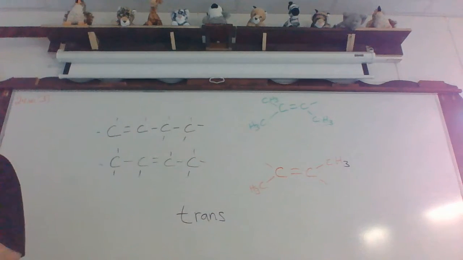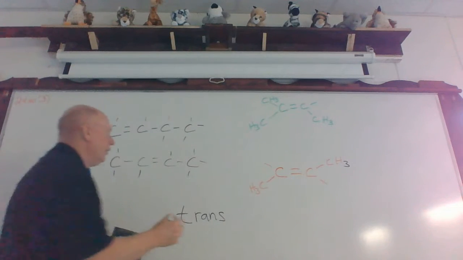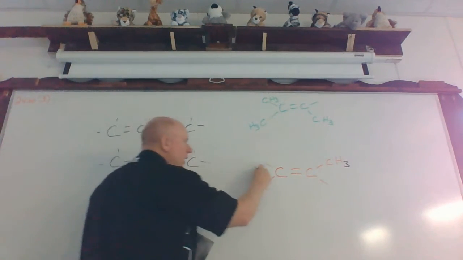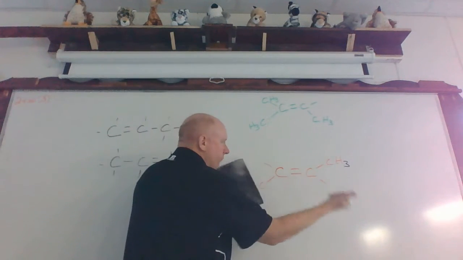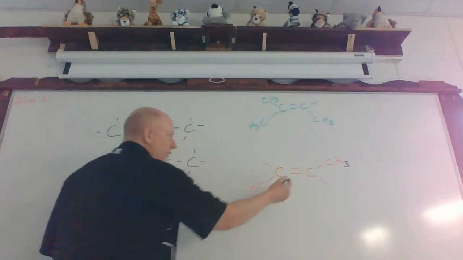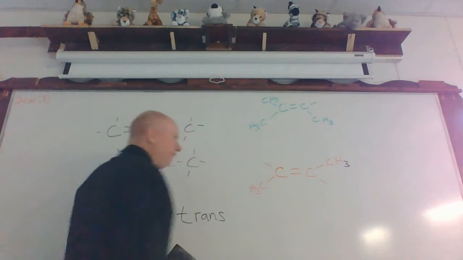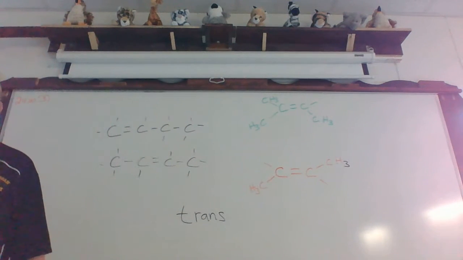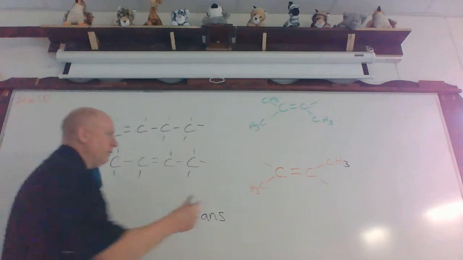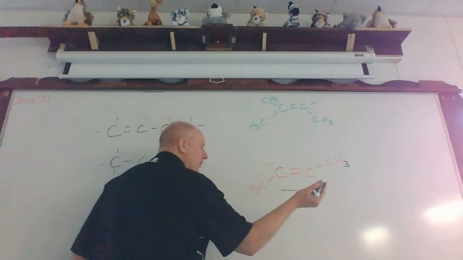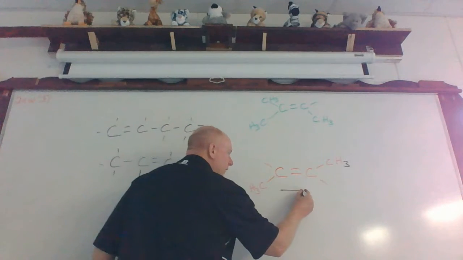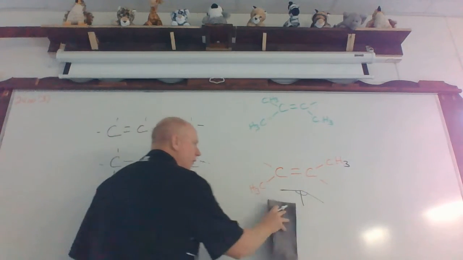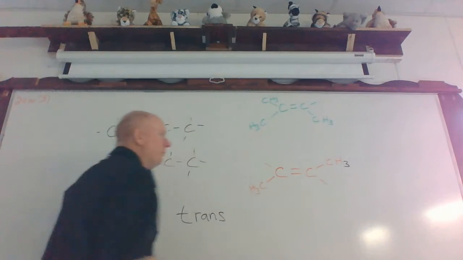That's why it's called a trans compound. Look, you don't have hydrogens pointing straight up and down like you do here. These are pointing in, I don't know what you would call that, 115-degree angle. There's no really specific number for that. But as we all know, of course, that's going to be a right angle. But if it's looking something like that, whatever that angle is, maybe 120, 115, something like that.